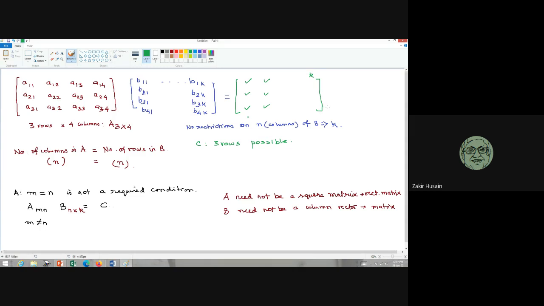And if I take a general form, I have got m rows, so this will be m. So what is the dimension? Dimension will be m into k.